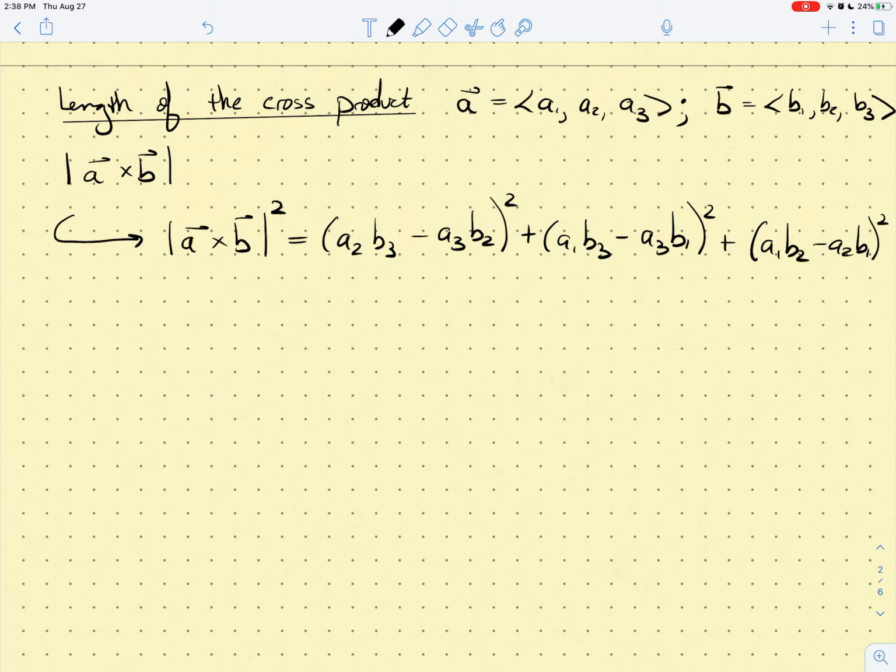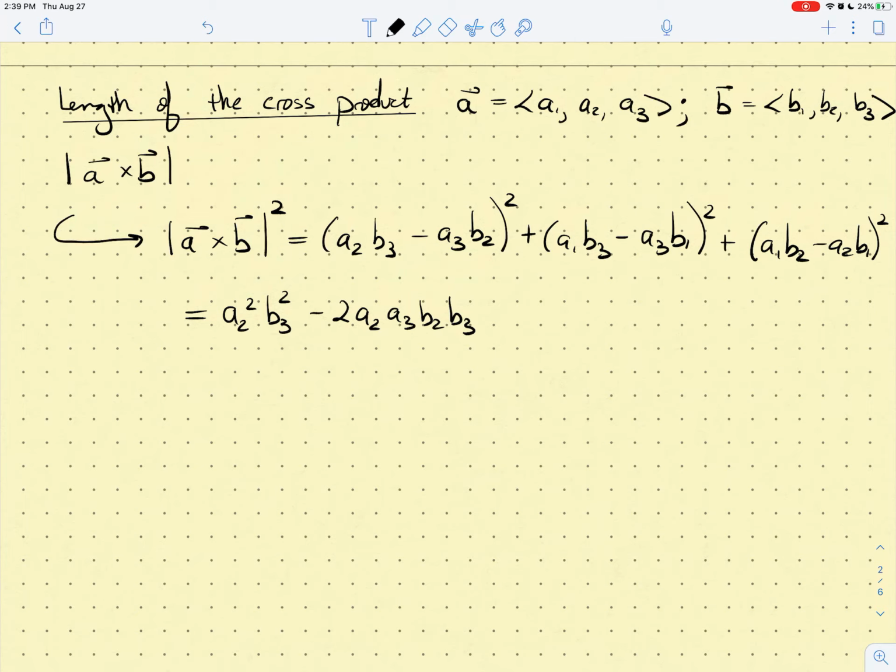So now I won't do all the details, but I want you to go ahead and imagine at least squaring each one of these out. Yeah, it's a little bit messy, but when you do that, you're going to get the following. Let's write it down. You're going to get A2 squared B3 squared. Then you're going to get a minus 2A2 A3 B2 B3.